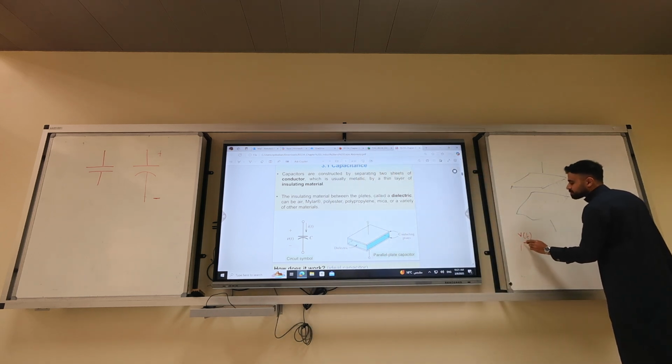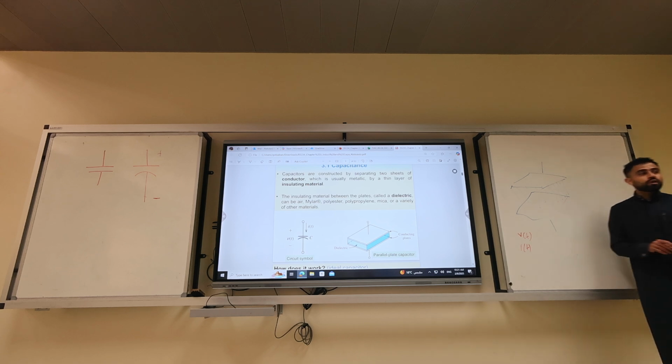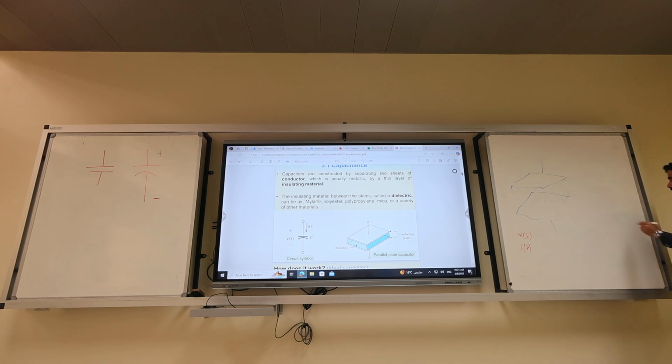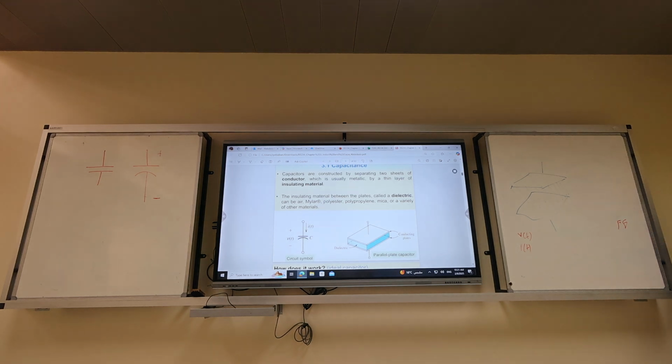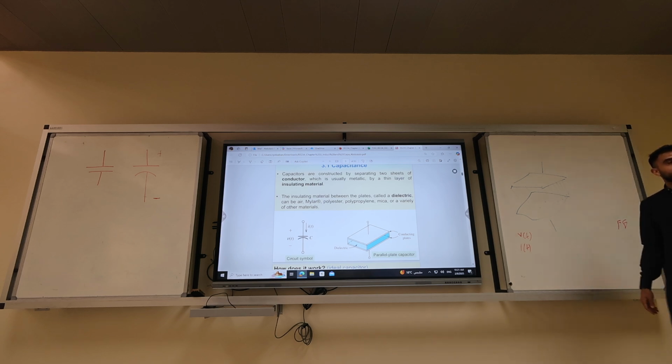It's not constant. So from now on, if you apply a DC voltage on a capacitor, that's a question in the FE exam. Who wants to do the FE exam? Raise your hand. Fundamentals of Engineering. It's the first exam after the undergrad. Maybe you do it one or two years after you get a job.